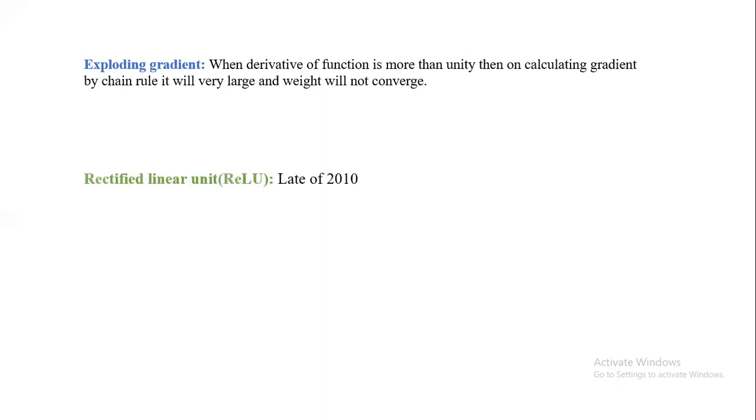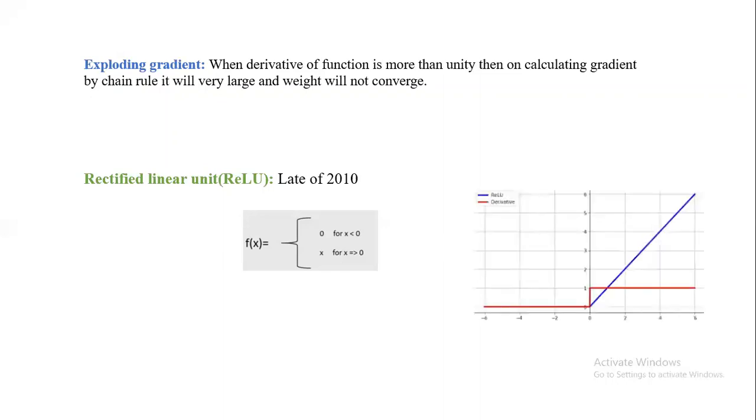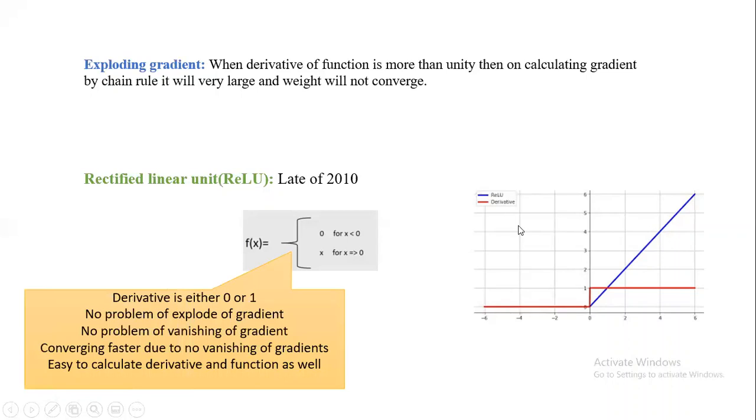That's why in late 2010 people came up with a different activation function. It's called rectified linear unit, ReLU, and the function is like this. If x is less than 0, it is 0, and if x is greater than or equal to 0, it is x. The graph is like this, and the derivative will be 0 or 1.